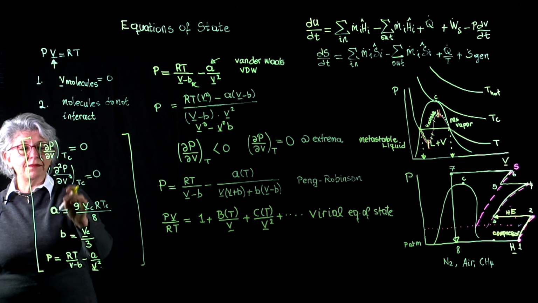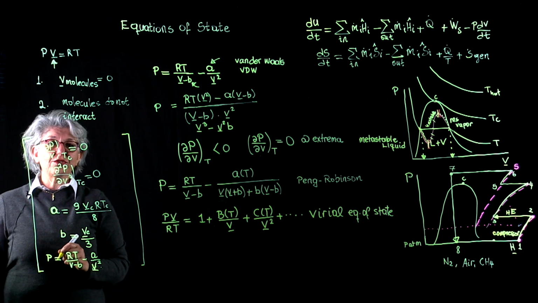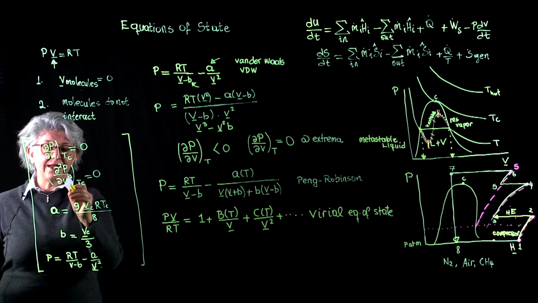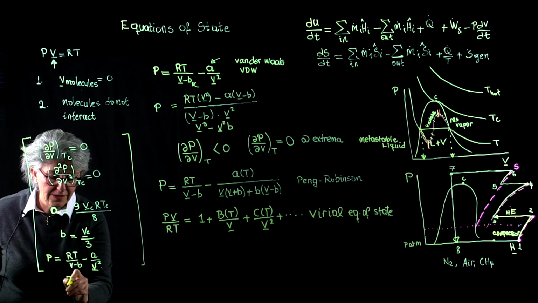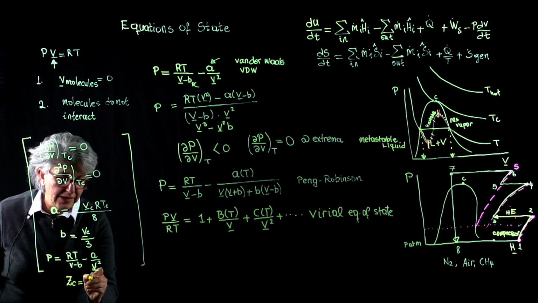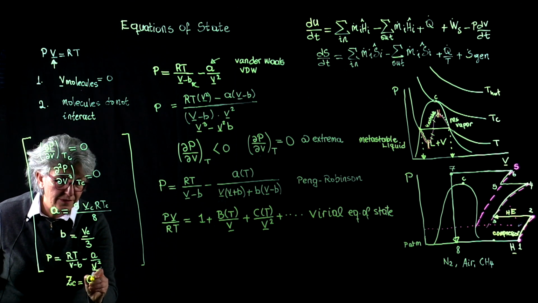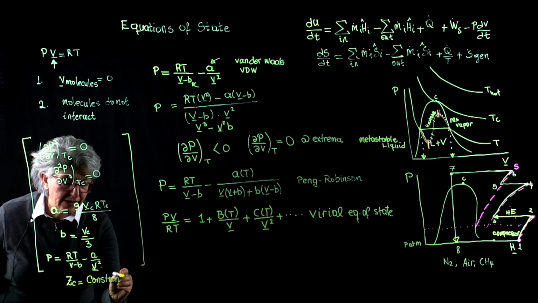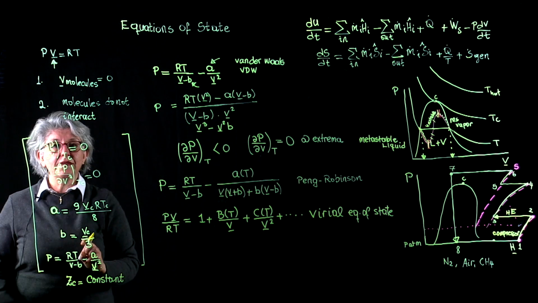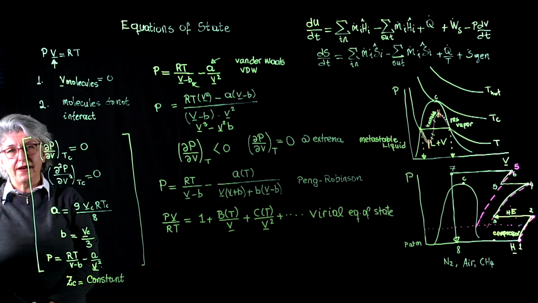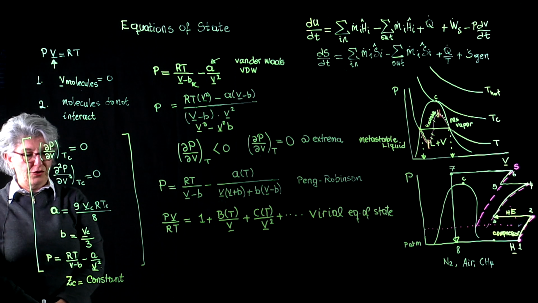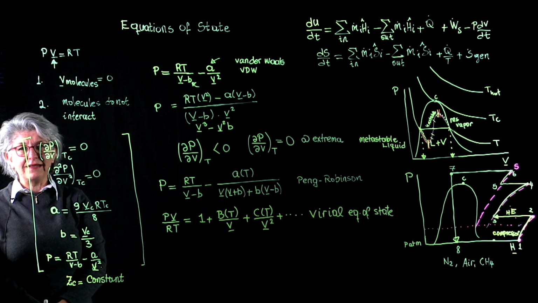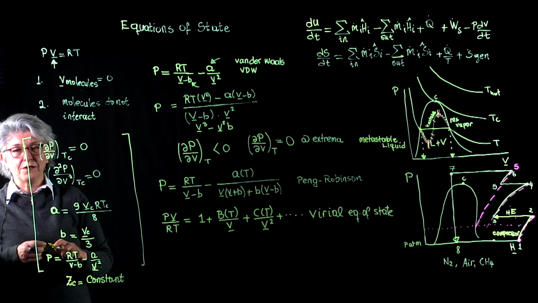With those A's and B's, the van der Waals equation of state has a compressibility factor at the critical point that is a constant, irrespective of the fluid.